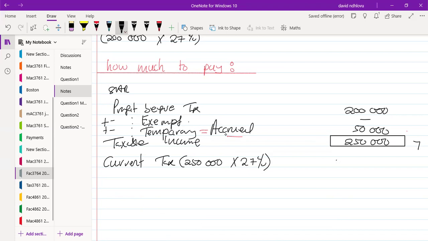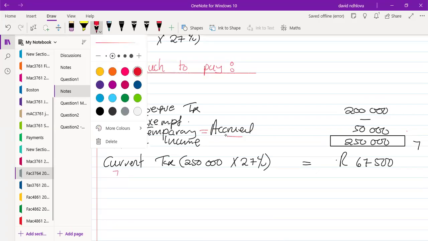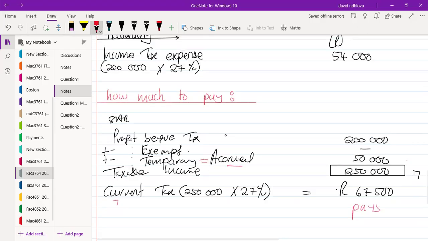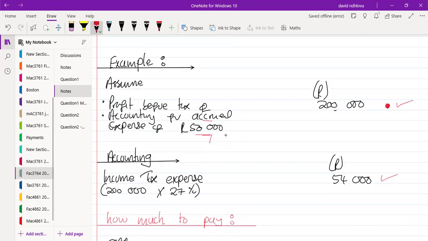Are we together? So ultimately you are going to have 67,500. This amount of 67,500 represents the current tax, and accounting also pays based on the current tax. This is your tax for the year according to SARS, and this is the tax for the year according to accounting.